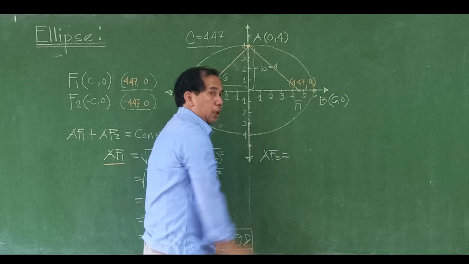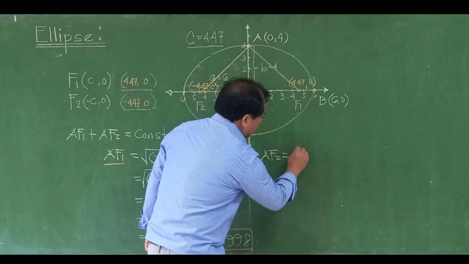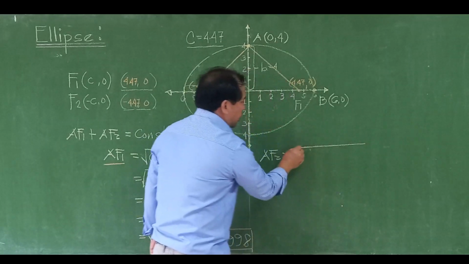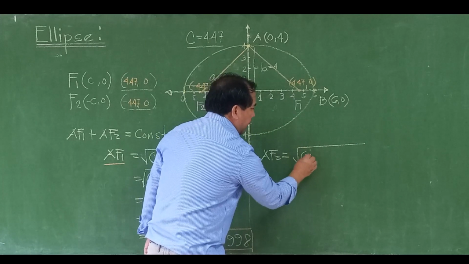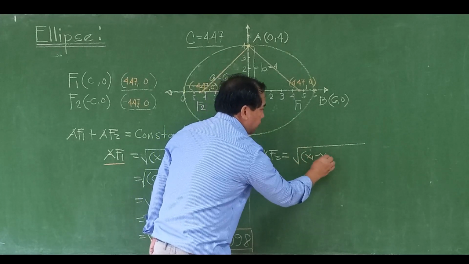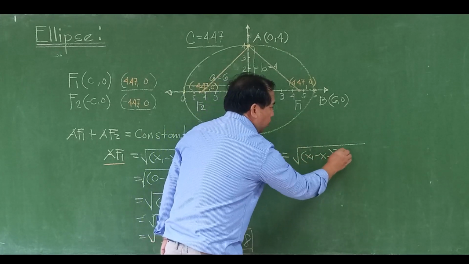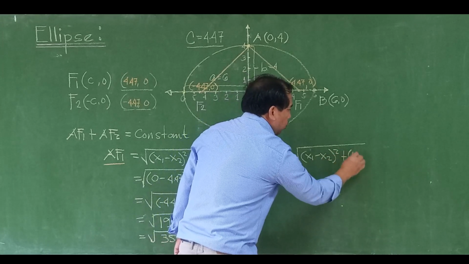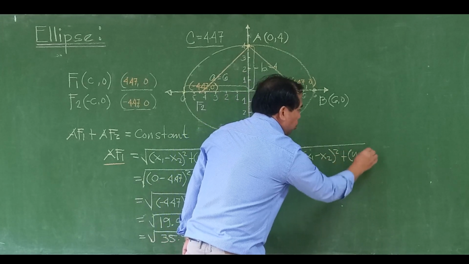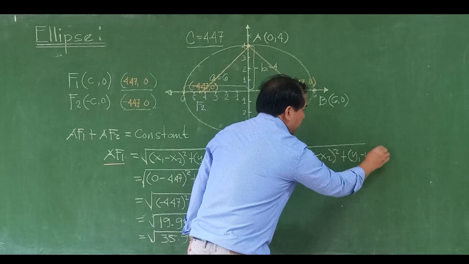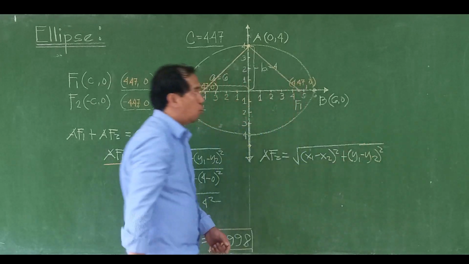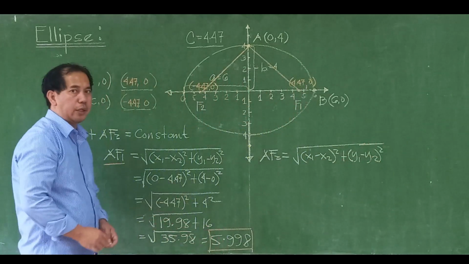So what would be our equation? Still the square root of the quantity x sub 1 minus x sub 2 raised to the second power plus the quantity y sub 1 minus y sub 2 raised to the second power.